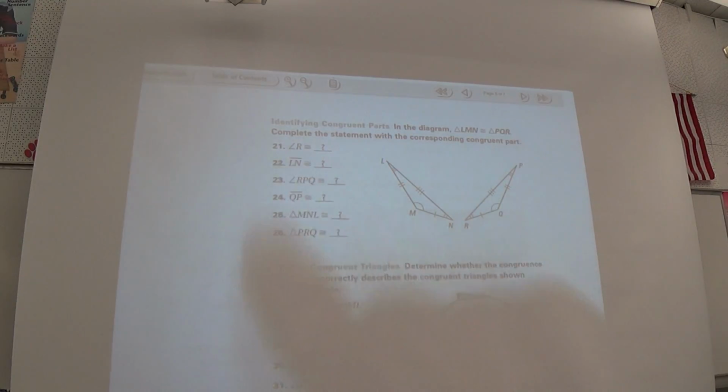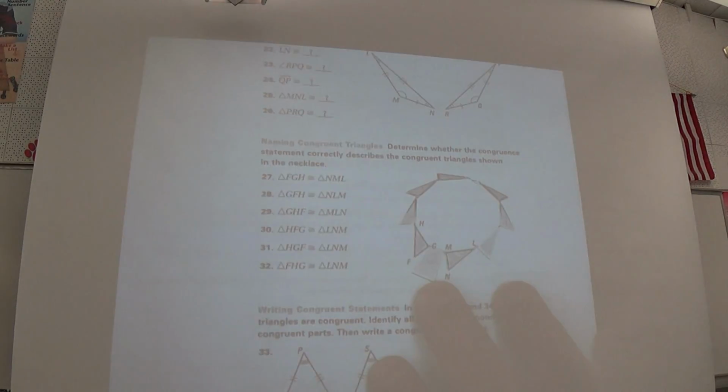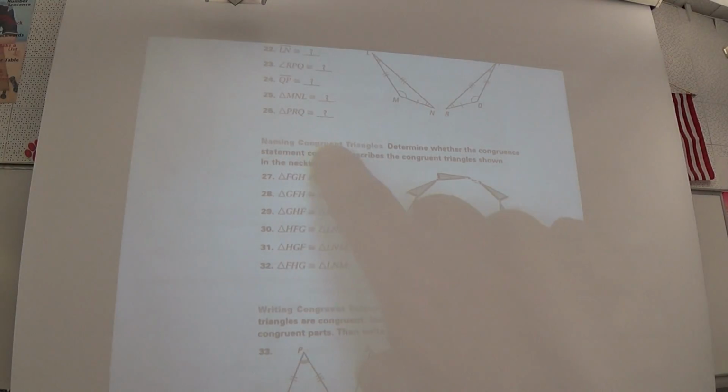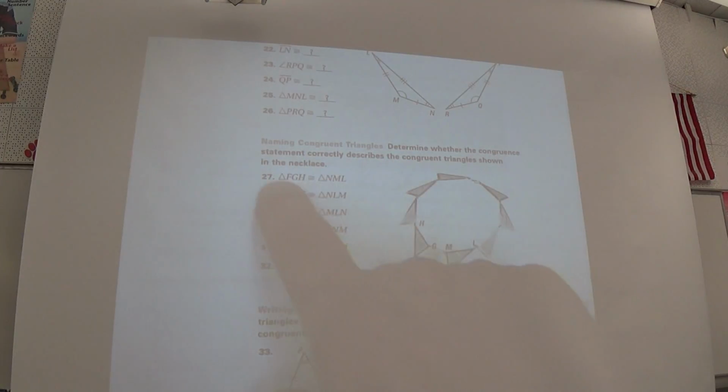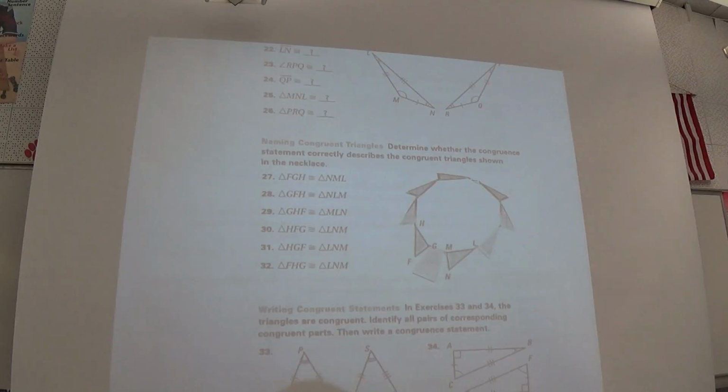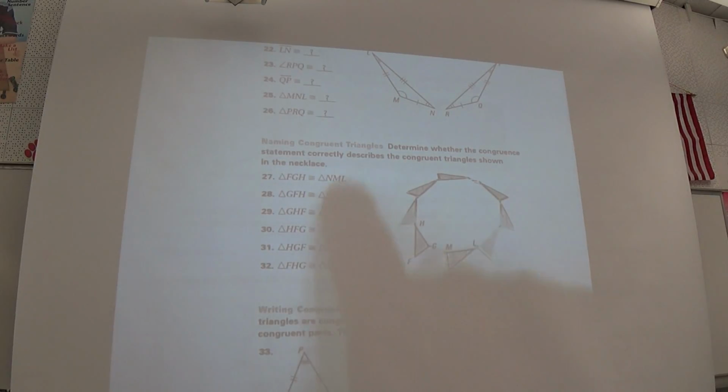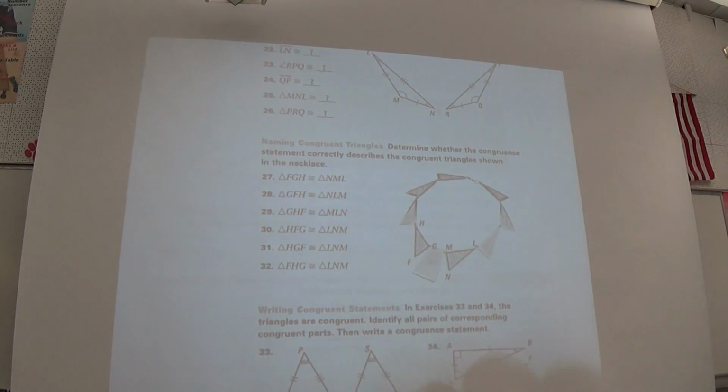Okay? This bottom one here, it says naming congruent triangles, naming whether or not the congruent statement correctly describes the congruent triangles shown. Okay? So see if these two are in the right order, corresponding order, right? That's all they're asking you to do here. Are they correct? Are they incorrect?